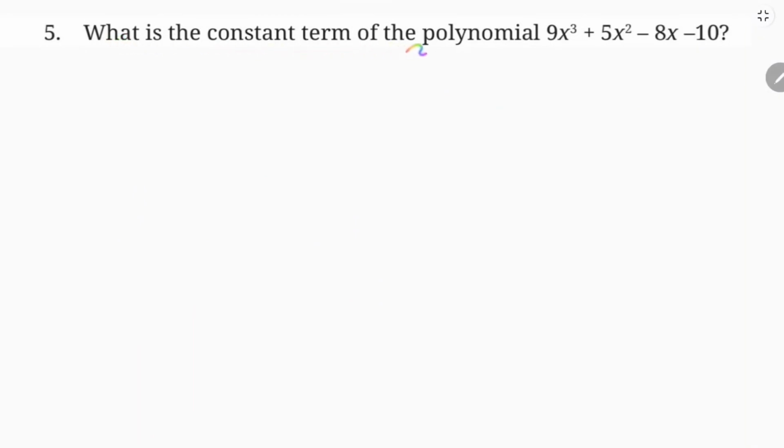What is the constant term of the polynomial 9x cube plus 5x square minus 8x minus 10?